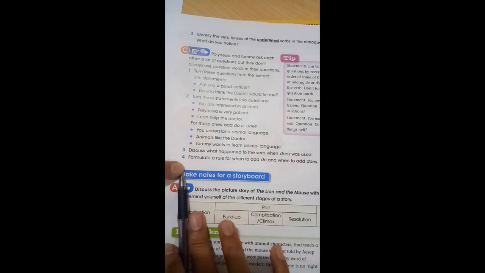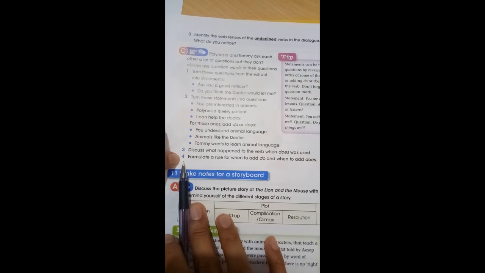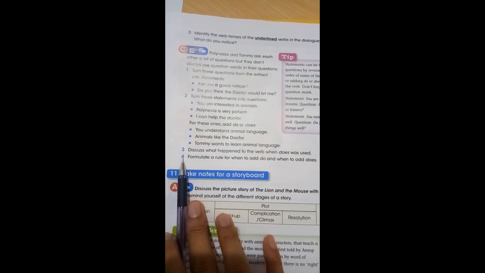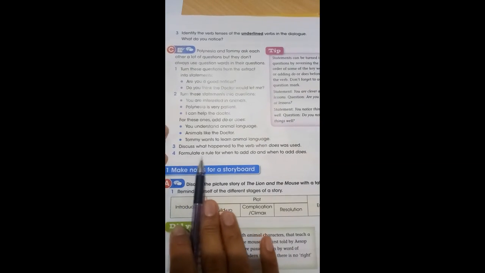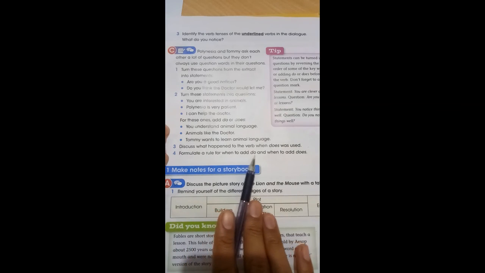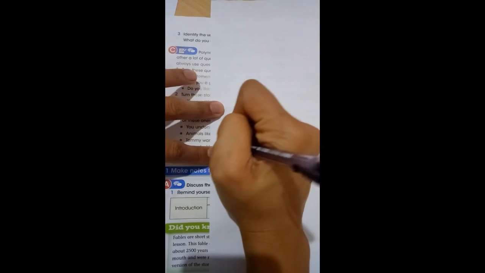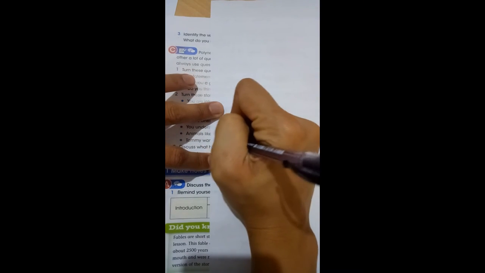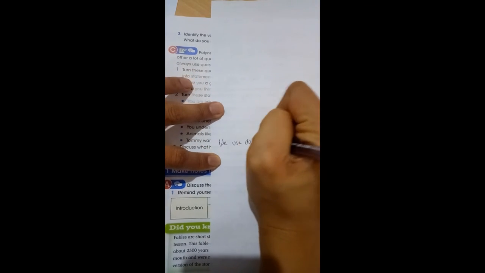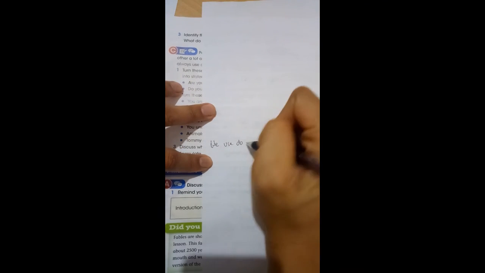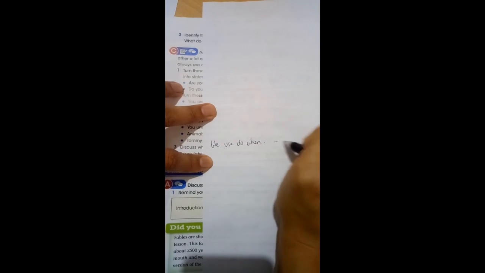Okay, now question number 4. Formulate a rule for when to add do or when to add does. Now on number 4, what you have to write on your paper, you have to write a rule. Like for example, we use do when blah blah blah.